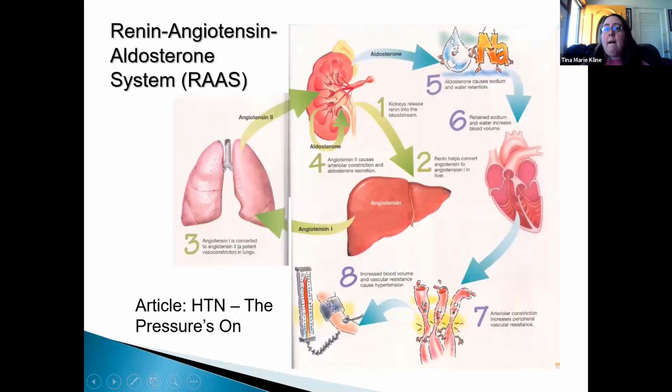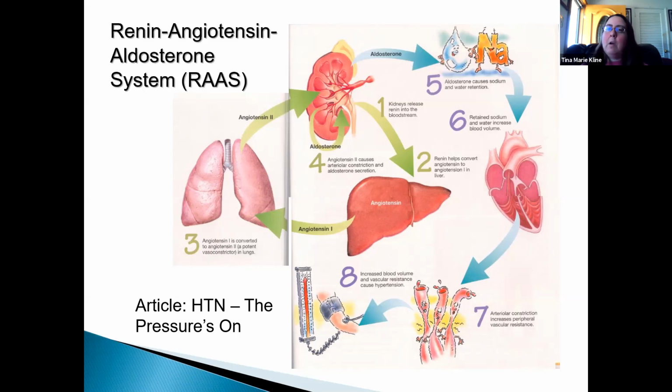So hopefully you took a look at the article that's posted on Plato. It's called Hypertension, the Pressure's On. It is a really, really good article. I don't generally post a lot of extra things for you to read. This is one that I would recommend printing out and actually keeping. You'll refer to this in MedSurg 2, you'll refer to this in MedSurg 3, you'll even refer to this in OB when you talk about pregnancy-induced hypertension, because all of this talks about the regulation of blood pressure, how your renin, angiotensin, aldosterone system works.